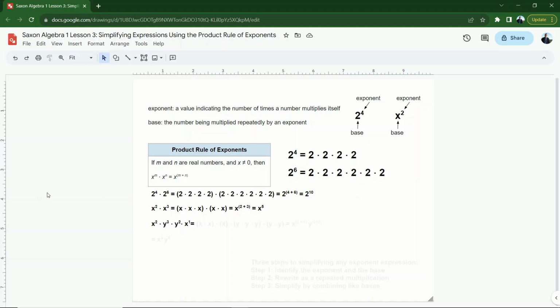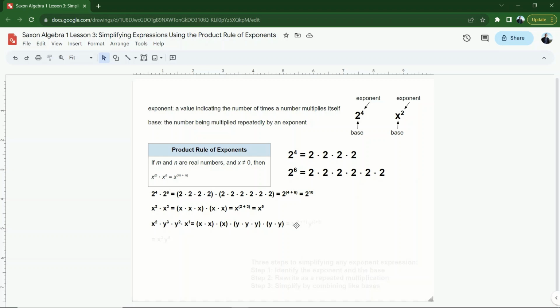Okay, so how am I going to combine these together? Well, I'm going to write out my expanded forms of my x's first: x times x times x, and then my expanded form of my y's, times y times y times y times y times y. Now I can't simplify all of this into just one variable because I have 2 different variables, x's and y's.